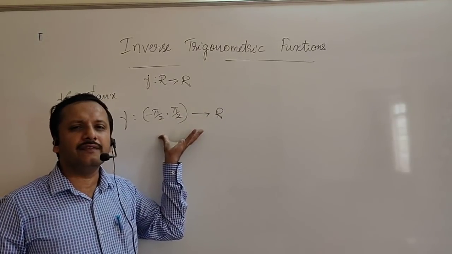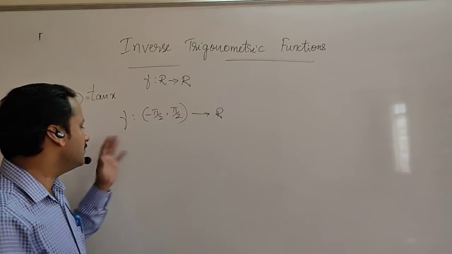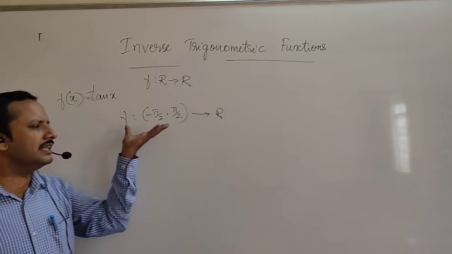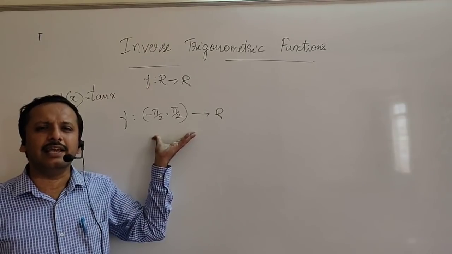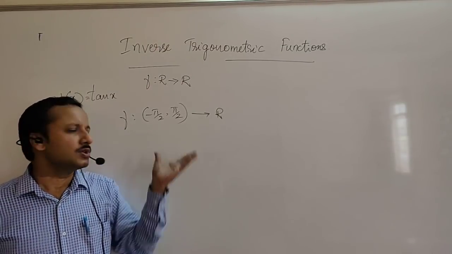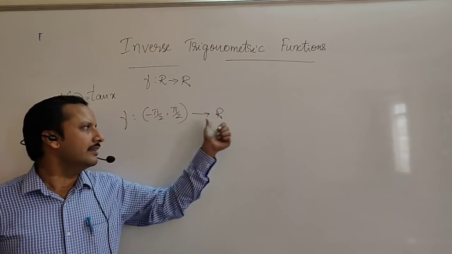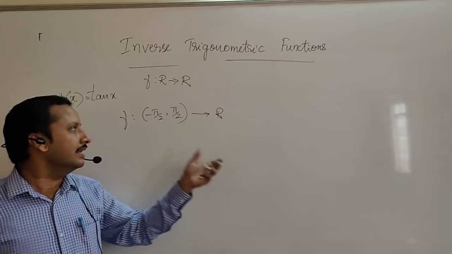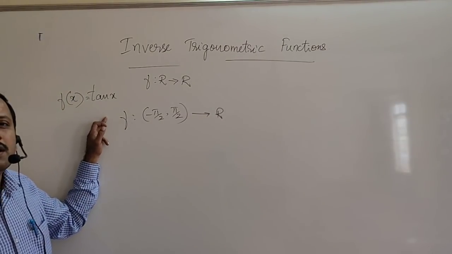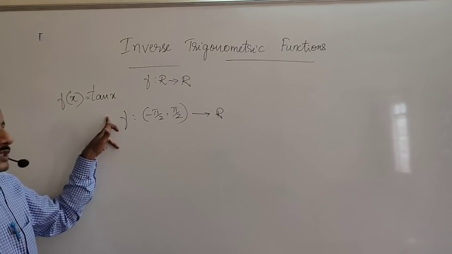So here if I define f of x as tan x in this interval, then it will be a bijective function. So if the domain is minus pi by 2 to pi by 2 and the codomain is R, then for the function tan x, we can define tan inverse of x.